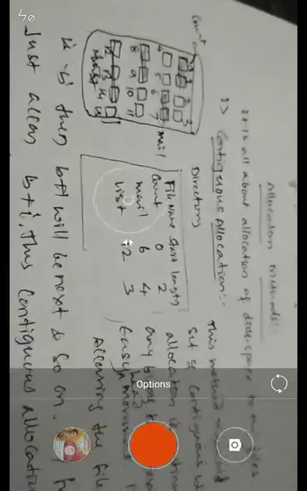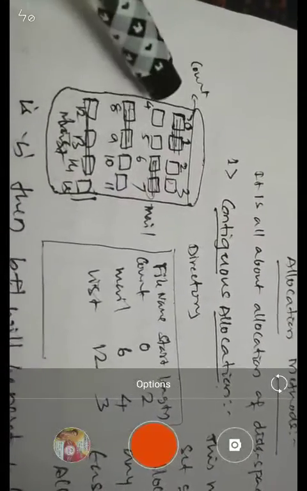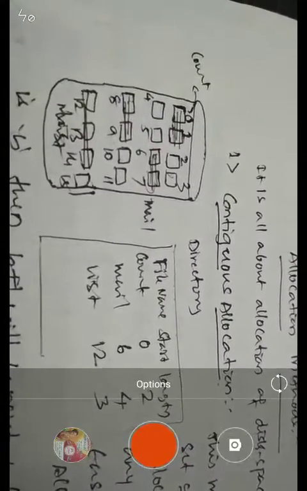On the screen you will find the diagram that explains contiguous allocation. This is a disk, virtually drawn, taken from the Galvin book, and the serial numbers 0, 1, 2, 3 are nothing but the blocks.